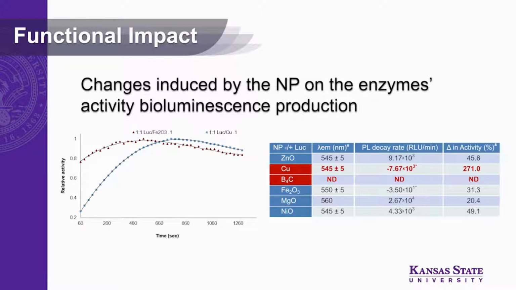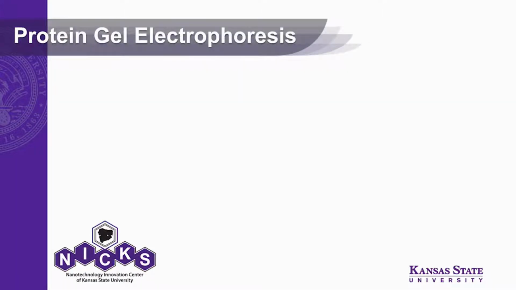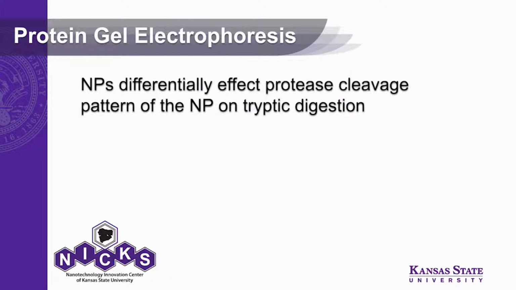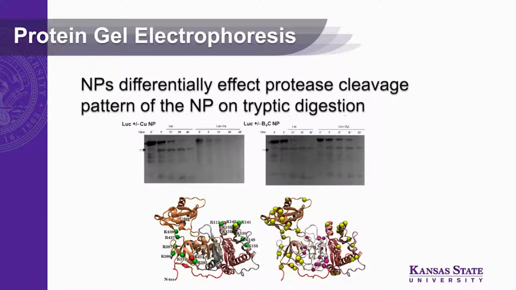Another way to characterize the impact of the nano-bio interaction on the protein is by running the protein through gel electrophoresis before and after the nanoparticle has been incubated with the protein, and then digesting the protein with an enzyme, a typical enzyme that's used for this is trypsin, and then analyzing the digest pattern on the gel after various times of nanoparticle exposure.